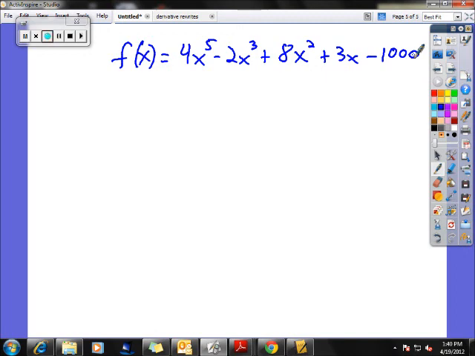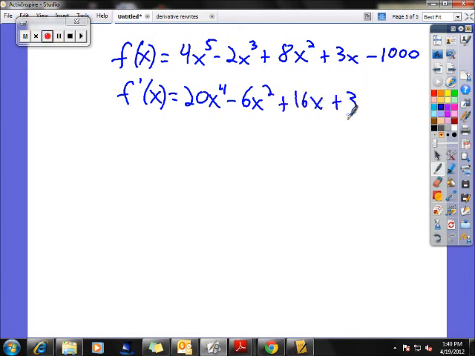Okay. So now, we're not going to do any of that. We're just going to say 20x to the 4th minus 6x squared plus 16x plus 3. Okay? So you can jump straight to the answer.